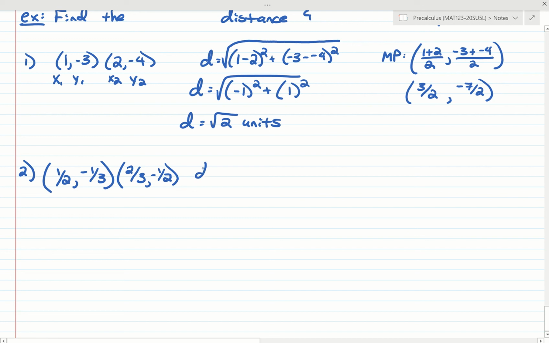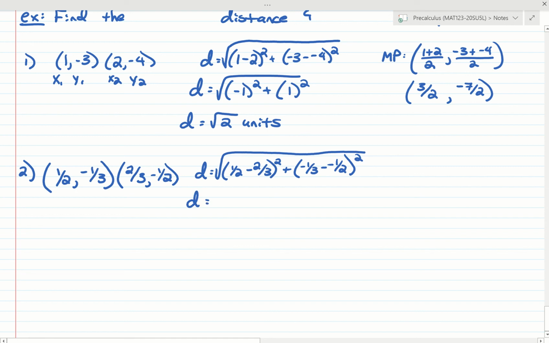The second point is 2/3 and -1/2. All right. So the distance would be equal to, we're going to have 1/2 minus 2/3, squared, plus the y values, -1/3 minus -1/2, squared. When we have fractions, we need a common denominator.